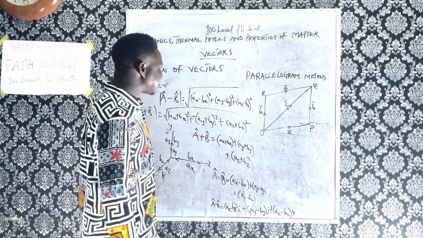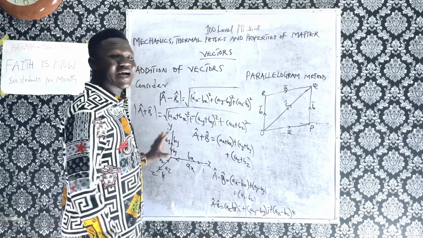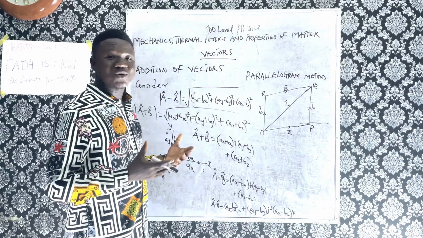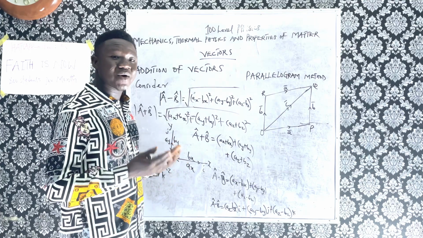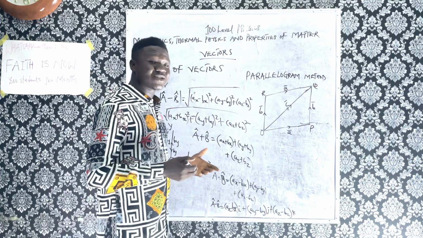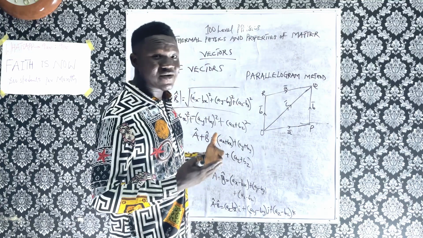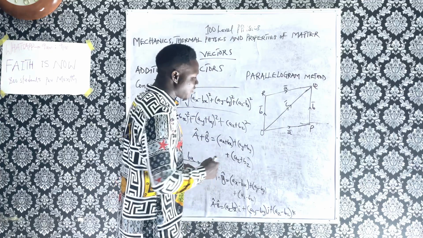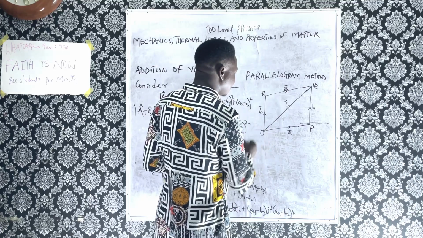Now this is for adding two vectors that do not form a parallelogram, that their direction does not form a parallelogram. So let's see a case where each of these forces, their direction actually forms a parallelogram. So say for example, this is at the point where the forces are acting.